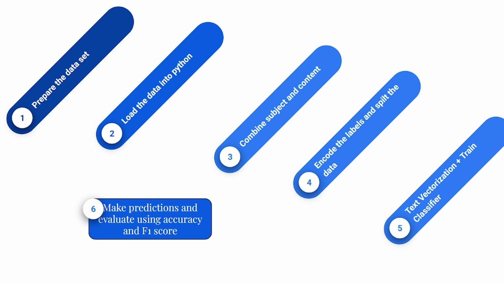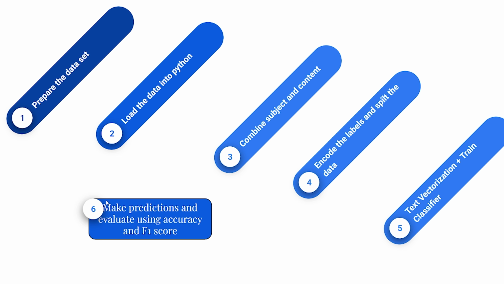That's why we follow methods like evaluating the accuracy and finding the F1 score. By using these two methods, we can evaluate the effectiveness of the predictions we have made. So those are the steps we need to follow.